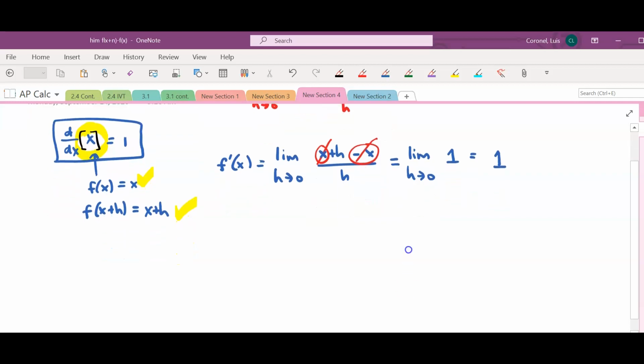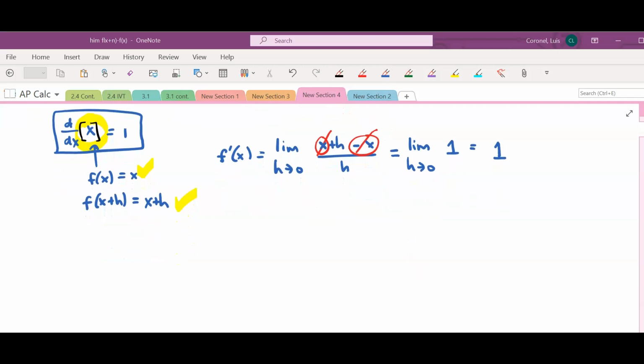As we continue exploring, this time, instead of the derivative of x, we're going to say, what's the derivative of x squared? That's the question. What would be the slope function of the x squared graph?